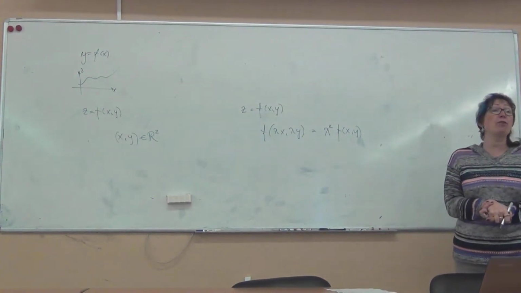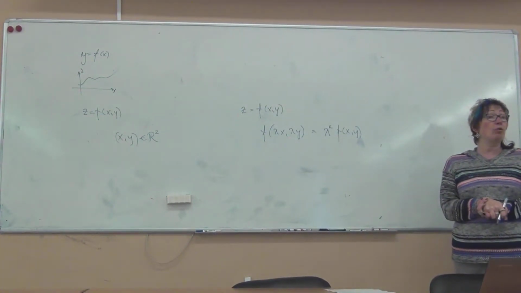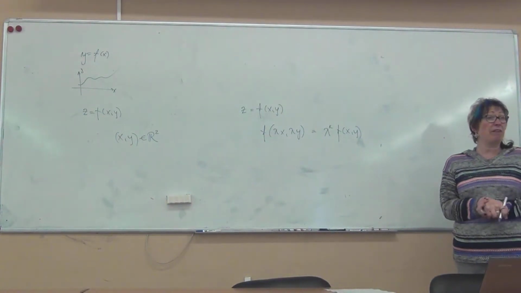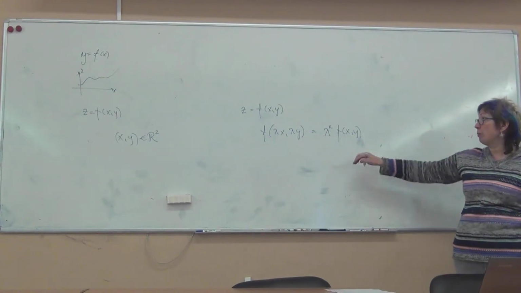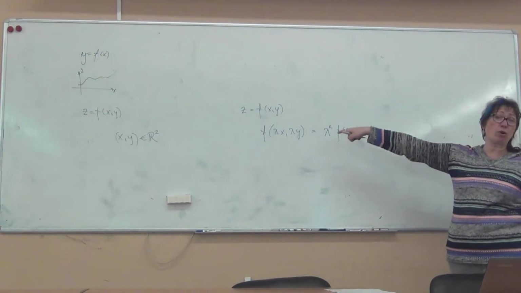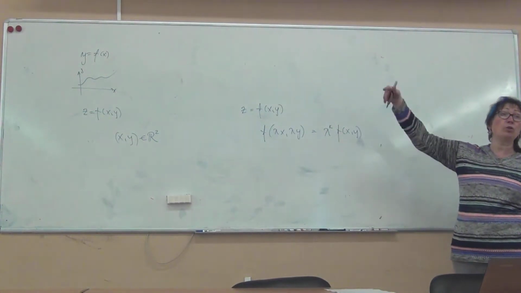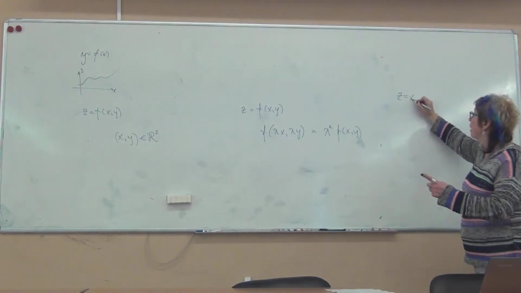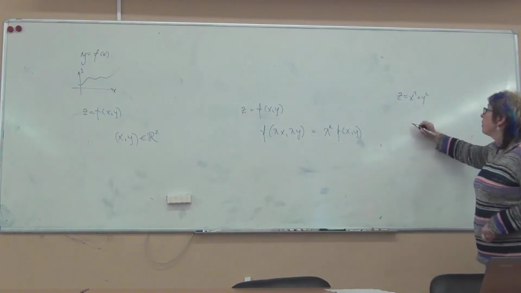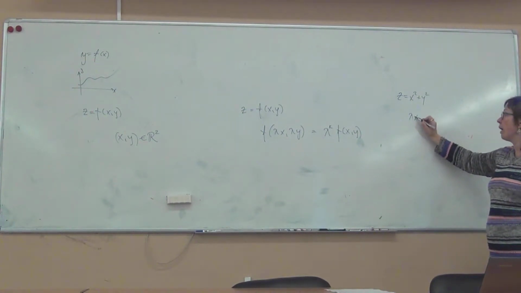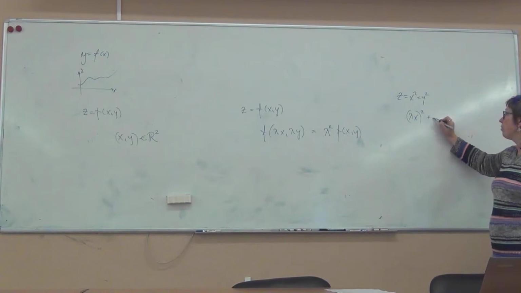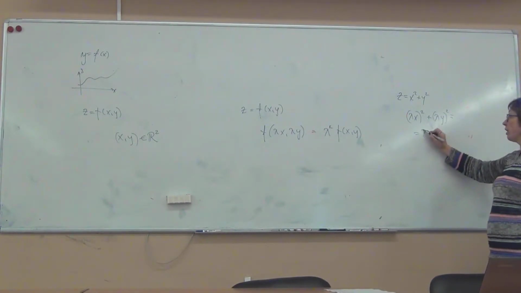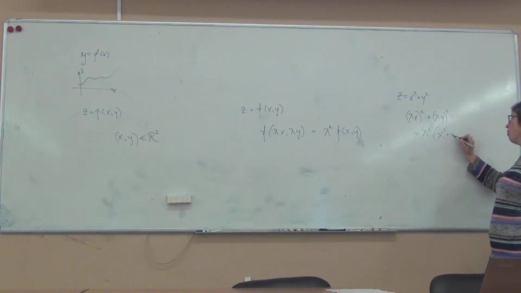In other words, if you multiply both the independent variables x and y by some constant, then the function value is also multiplied maybe by the same constant, or maybe by the same constant to some power. For example, with the function I had as an example, if I multiply both variables by the same constant lambda, I actually get lambda squared times the original function value.